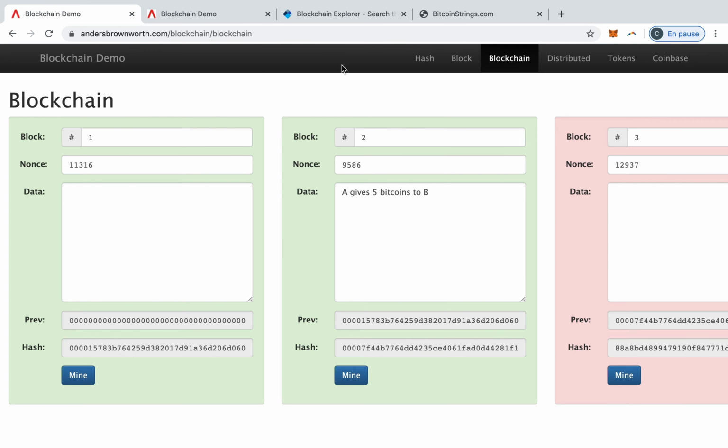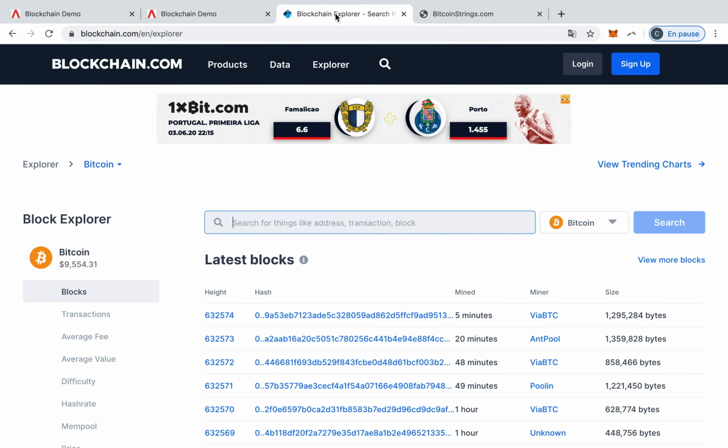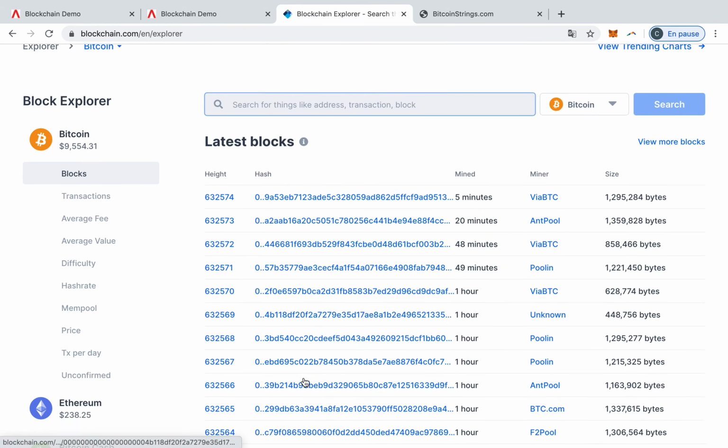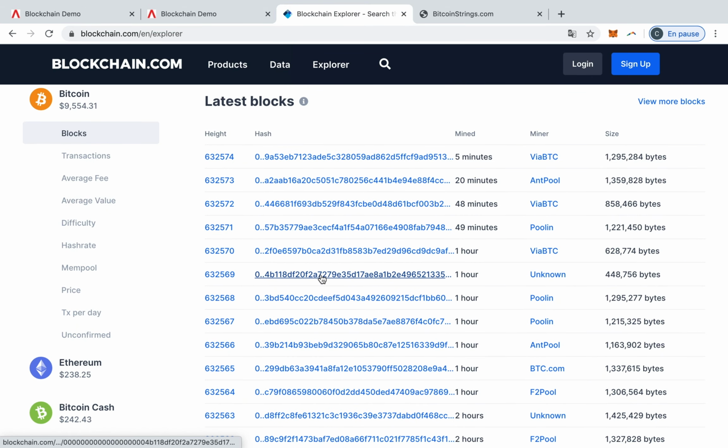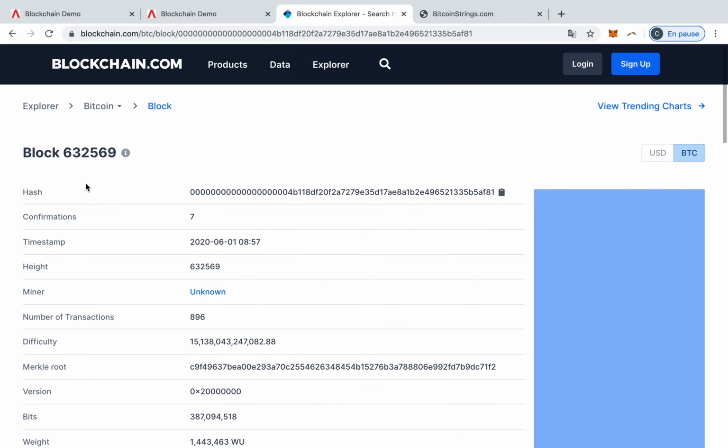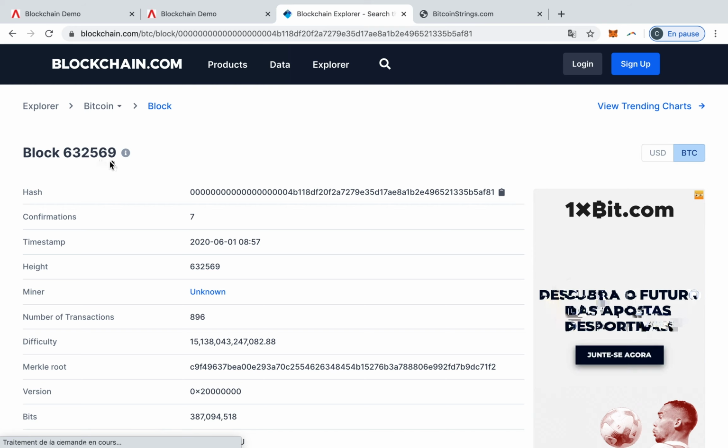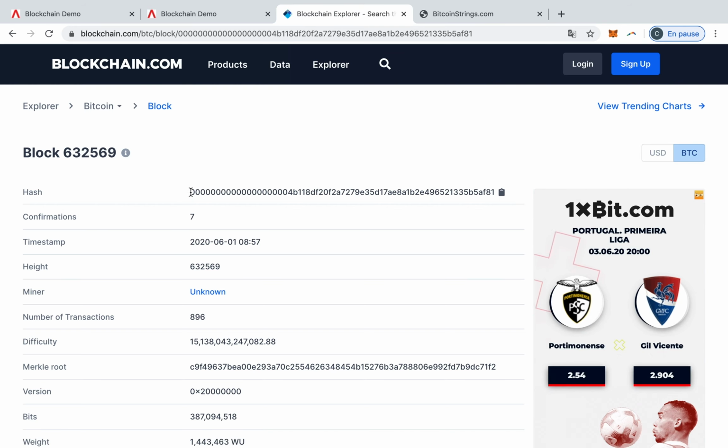So now let's go on the Explorer to see the hash of a block mined, let's say, an hour ago. Okay, let's check this block. This block is the block 632,569. And you see the hash starts not with 4 zeros, but with like 18 zeros. So it's much more complicated and it takes much more time.